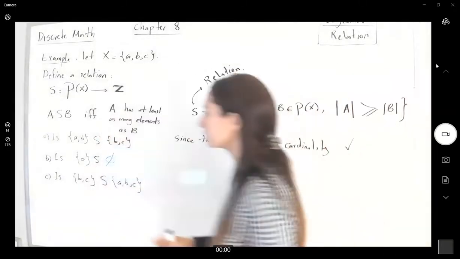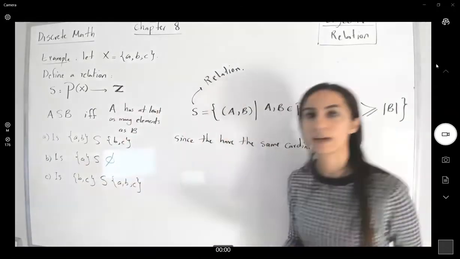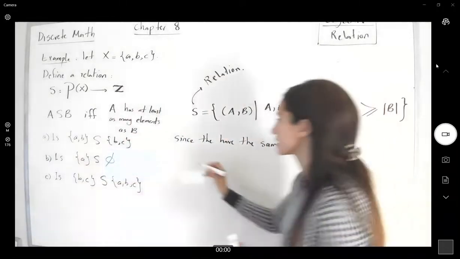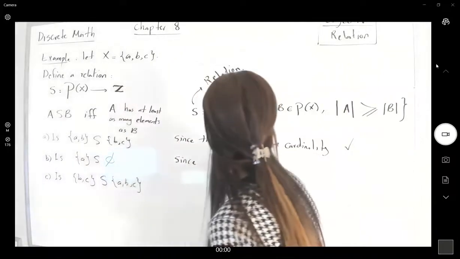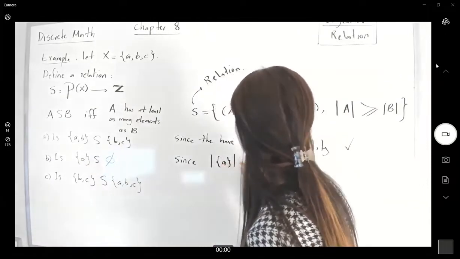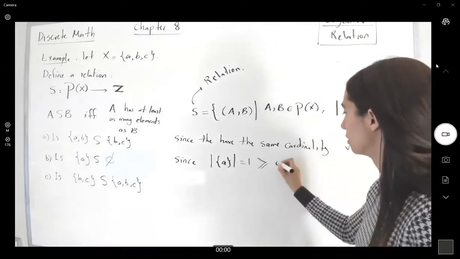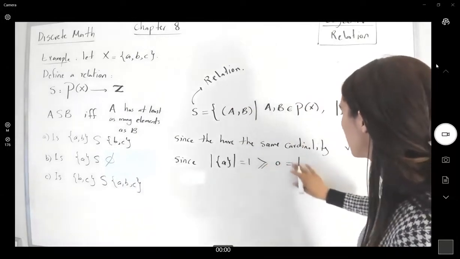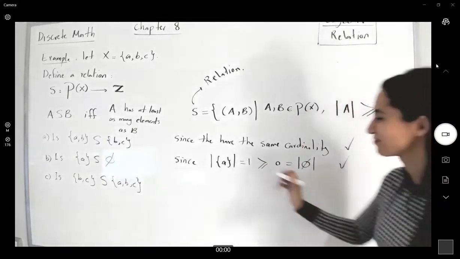The cardinality of set A is 1, and the cardinality of the empty set is 0. Of course, since the cardinality of set A is equal to 1, and it is greater than or equal to 0, which is the cardinality of the empty set, so it is true.